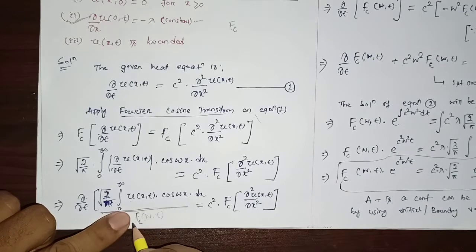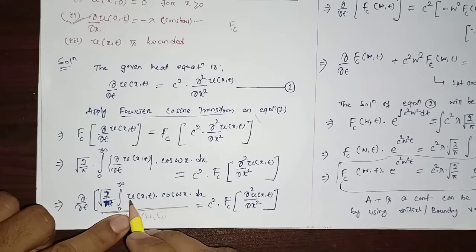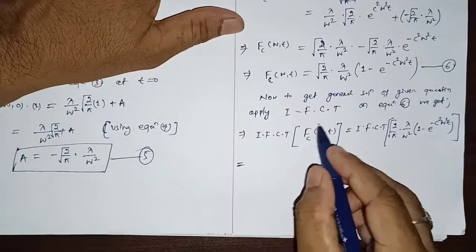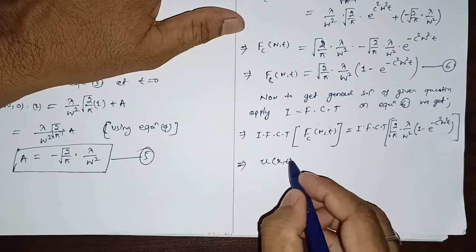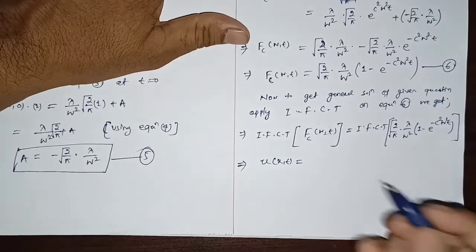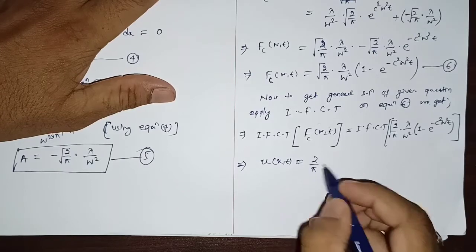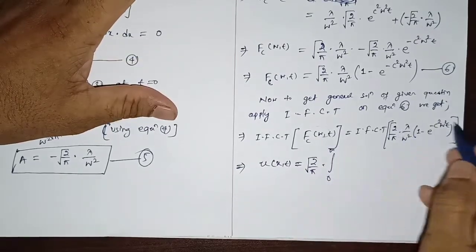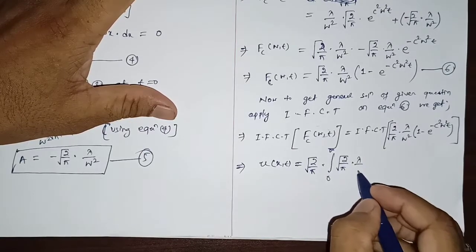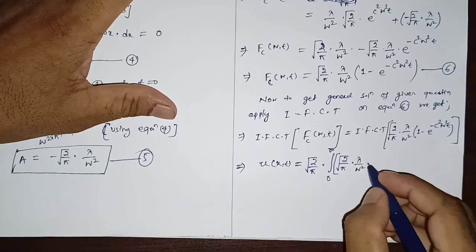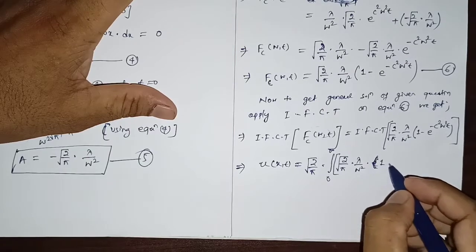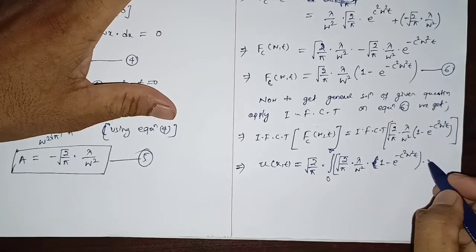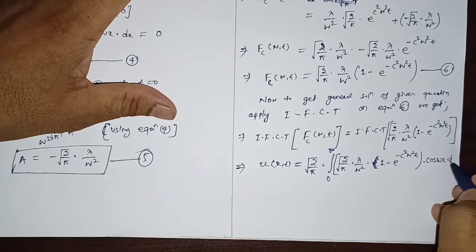If I apply inverse Fourier cosine transform over fc omega t, then I am going to get u x t. So small u x t will be equal to root over 2 by pi into the integral from 0 to infinity of root over 2 by pi into lambda by omega square, whole into 1 minus e to the power minus c square omega square t, into cos omega x d omega.